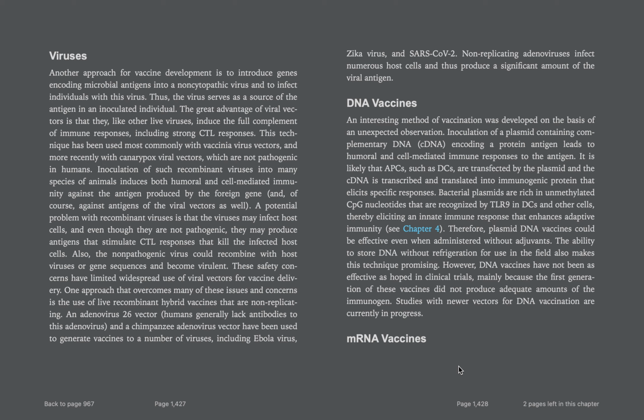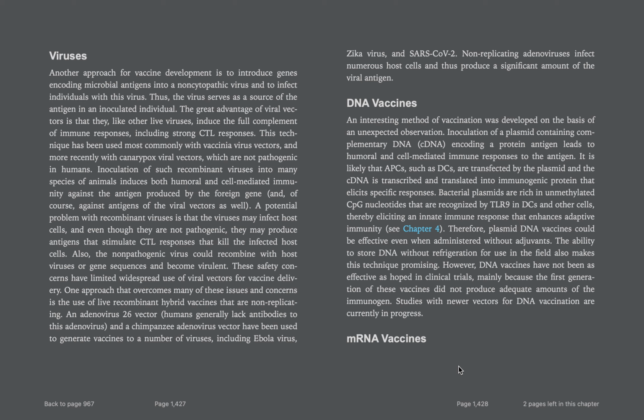Bacterial plasmids are rich in unmethylated CpG nucleotides that are recognized by Toll-like receptor 9, TLR9, in dendritic cells and other cells, thereby eliciting an innate immune response that enhances adaptive immunity. Therefore, plasmid DNA vaccines can be effective even when administered without adjuvant. The ability to store the DNA without refrigeration for use in the field also makes this technique promising.